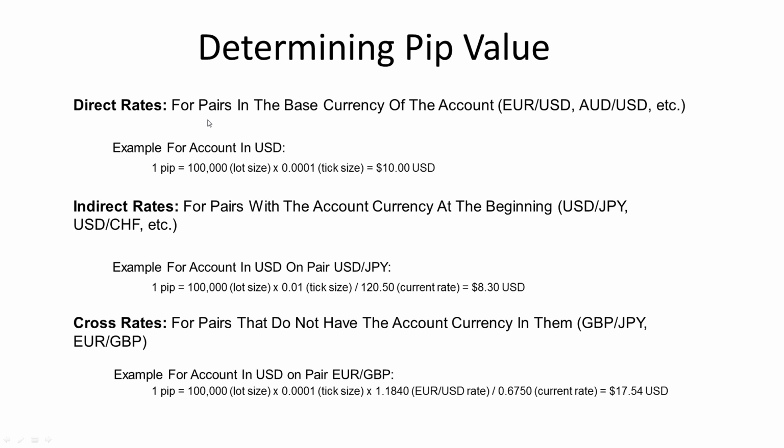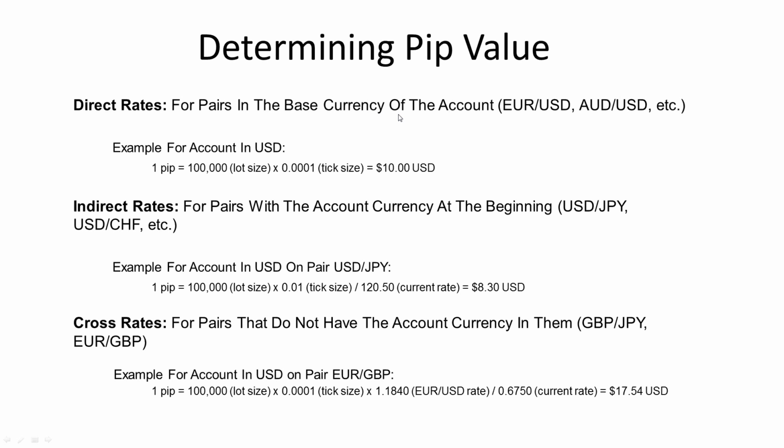Okay, so you have 3 different kinds of currencies, and each one has a different pip value. First we have to determine the pip value based on the currency pair we're trading and based on the currency of our account. So you have direct rates, indirect rates, and cross rates. Direct rates are for currency pairs that have the base currency of the account.